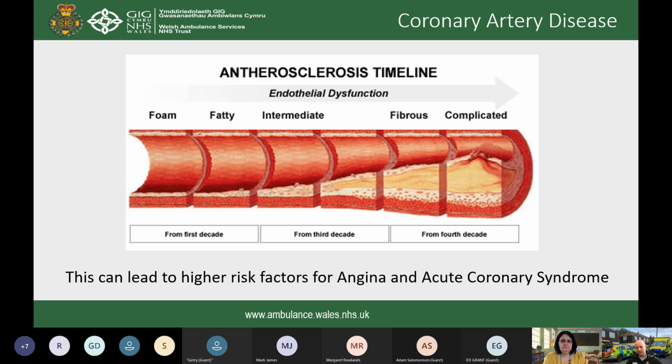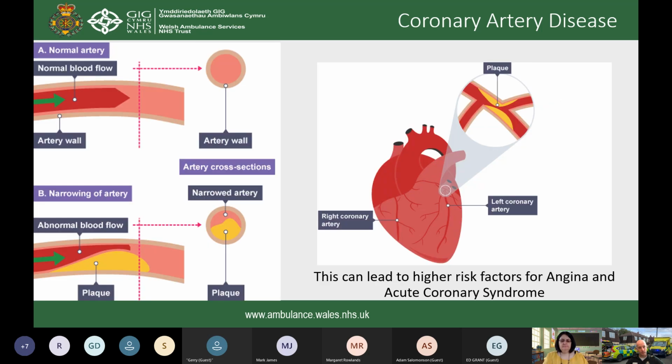Our heart is pumping faster to get more blood, and with that narrowing, we're not going to get enough blood through, which is going to cause a bit of a hypoxic response and a bit of ischemia distally to this blockage or this narrowing. It can lead to angina, and it can lead to acute coronary syndrome.